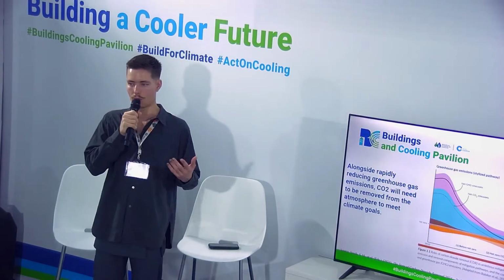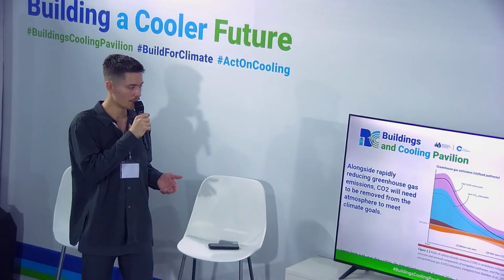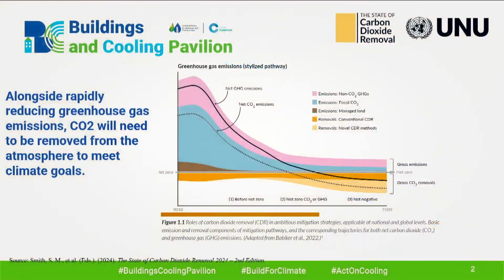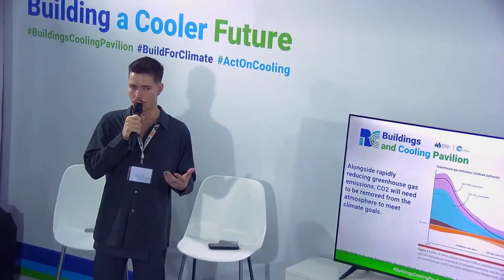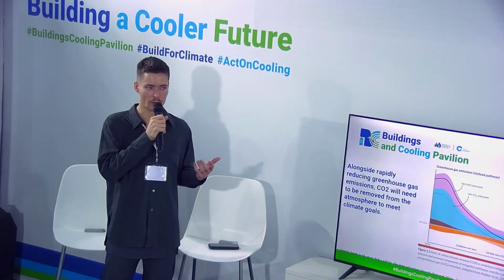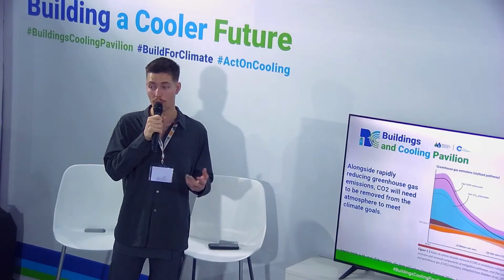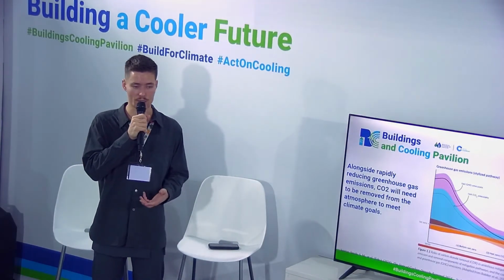So also to put CDR in the context of the broader climate problem, you can see here a graph of our emissions trajectories and the roles that CDR can play in helping us to stay Paris aligned. First and foremost, and central to climate response, must remain the rapid and deep reduction of emissions, but with that we must also focus on CDR.